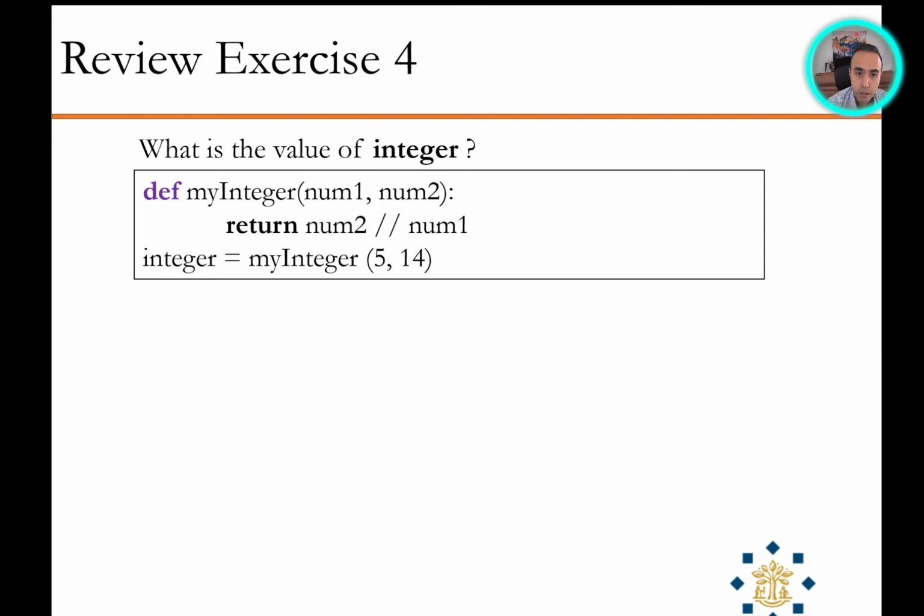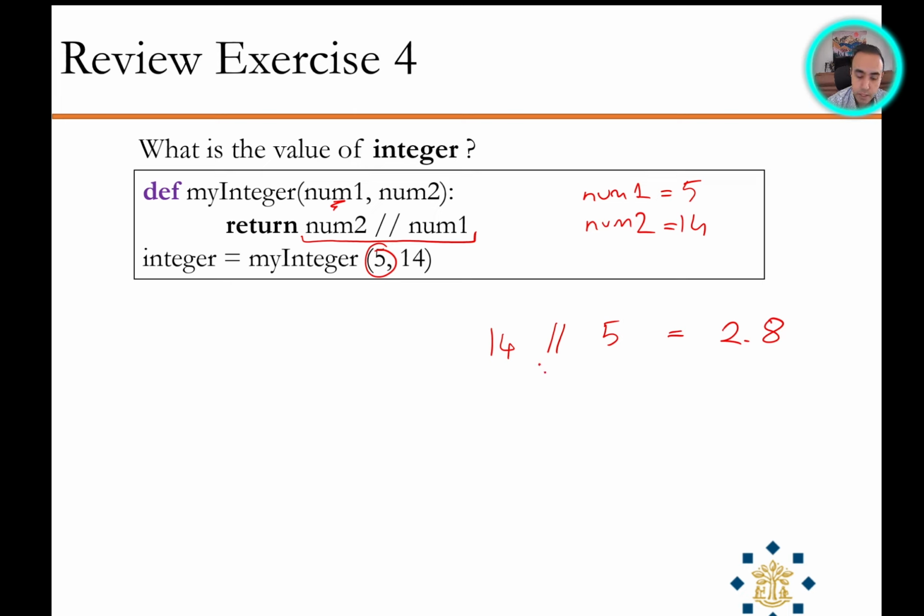Okay, so this would be just a little bit different than the previous one. So here again, num1 is 5, right? So this is the first one, this is the first one. Num2 is 14. So inside we return 14, integer division 5. So if it is simple division, we would give 2.8.